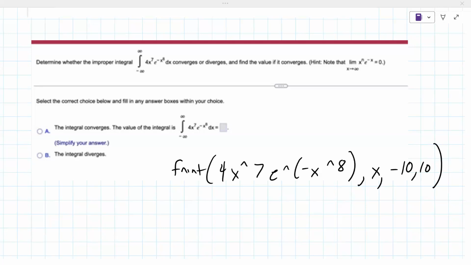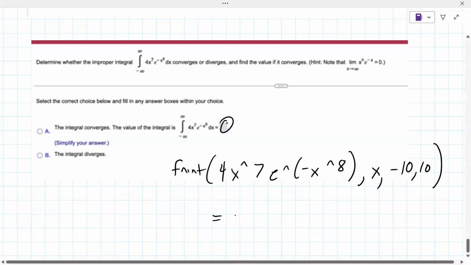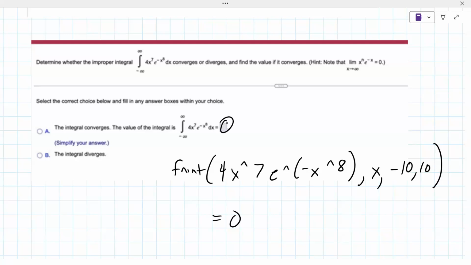It is 0. So we'll definitely have to talk a little bit more about strategies, but there are a few things to look for to create some rules to remember for that.